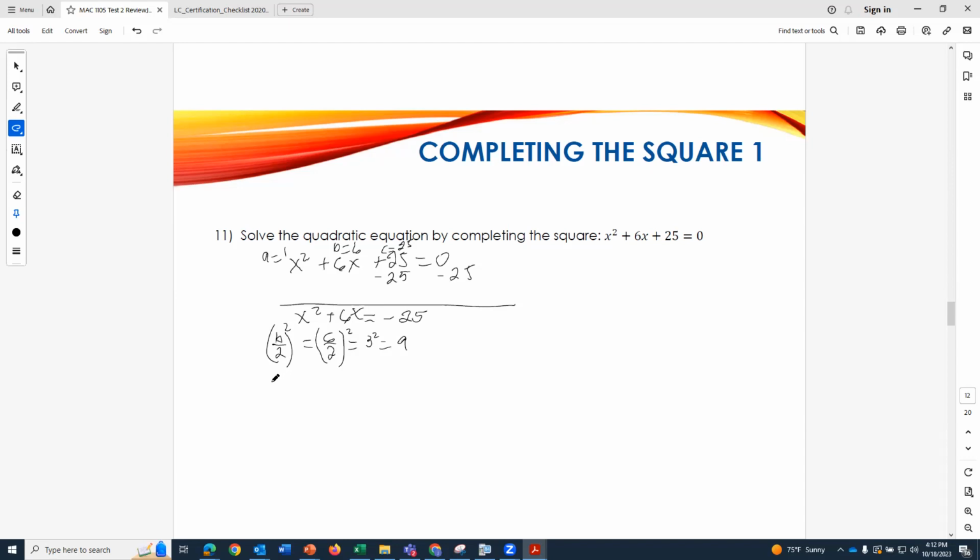We add 9 to both sides: x squared plus 6x plus 9 equals -25 plus 9.